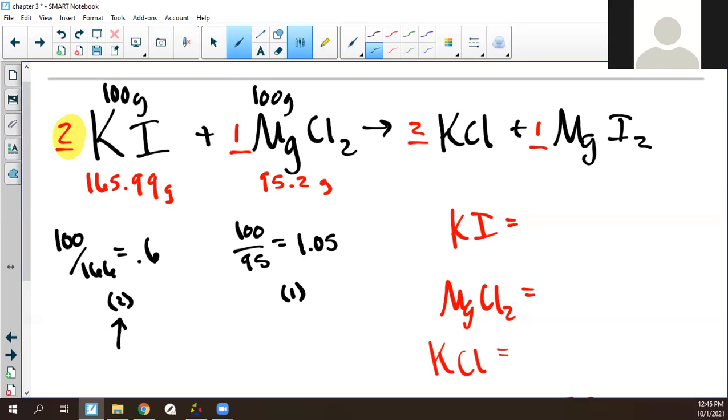Is 0.6 twice as big as 1.05? No. So the limiting reactant is the one with the larger coefficient. It's not, so that means it runs out faster or sooner. It's tricky. Plays mind games on you. Okay, I got 3 minutes left. So I have KI as my limiting reactant.